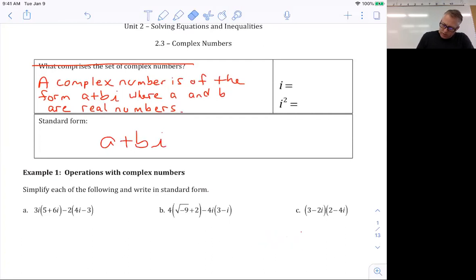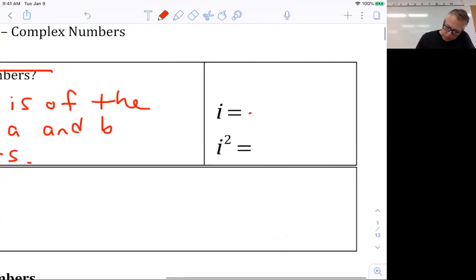So the i is given a value. i is the square root of -1. So it's not a variable. And that's important. It has a value. Okay, like pi has a value. Okay, i has a value. It is the square root of -1.